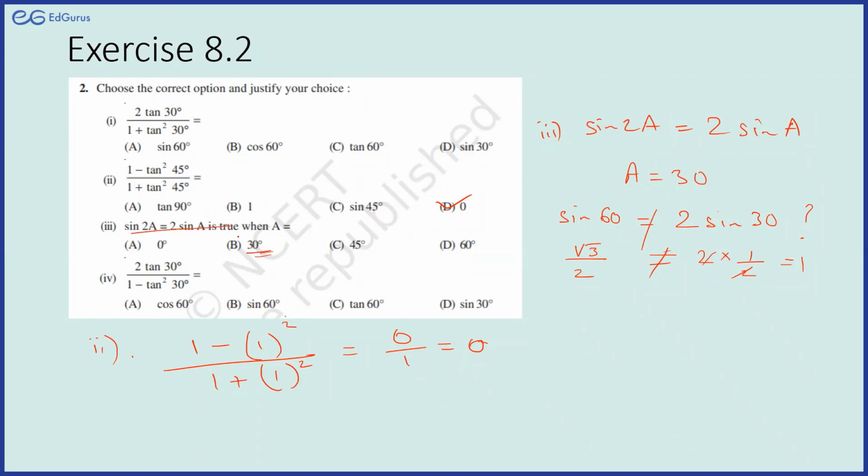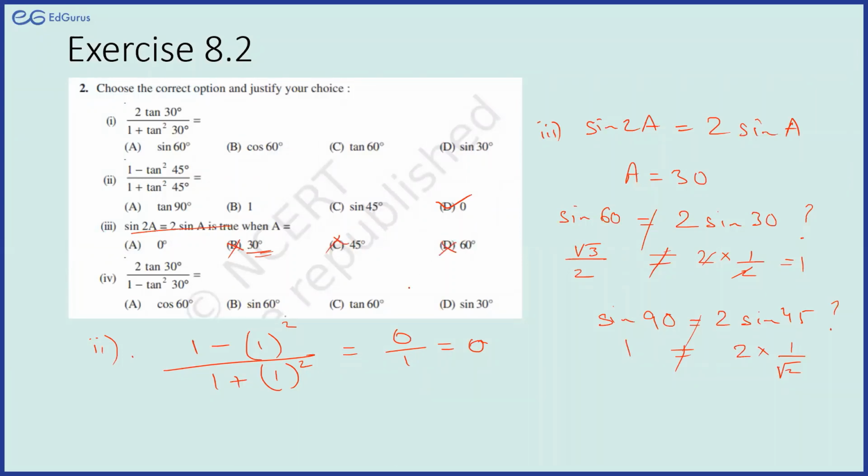Similarly, you can check for 45. Sine of 90 is equal to 2 times sine 45. Is it true? Let's check. This is 1 and this is 2 times 1 by root 2. These are not equal, so this is also not the answer.